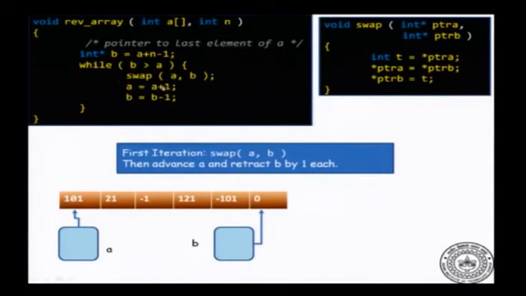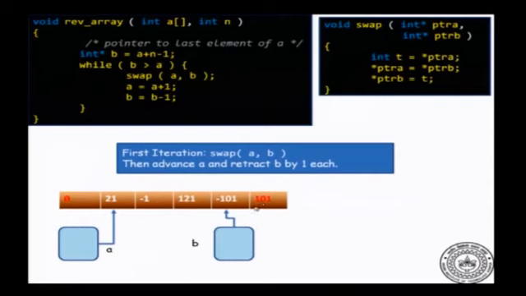So we will enter the loop, and in the first iteration we will swap A and B. Okay, so it will go to the swap function, and this is the swap function that actually works from the previous video. So you can assume that A[0] will be swapped with A[1]. So they were initially 101 and 0, and after swap they will be 0 and 101.